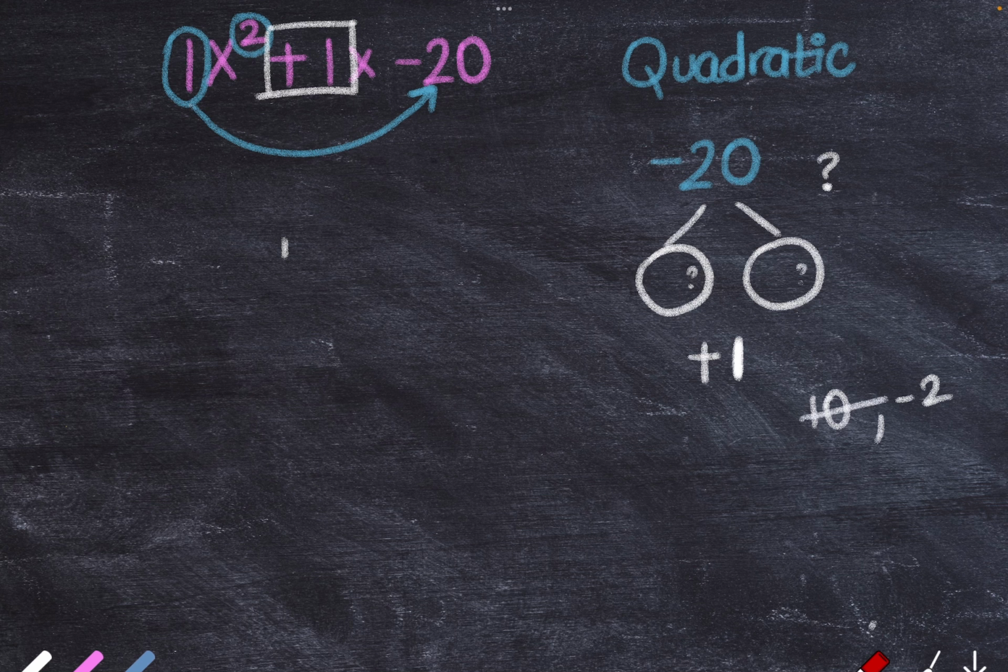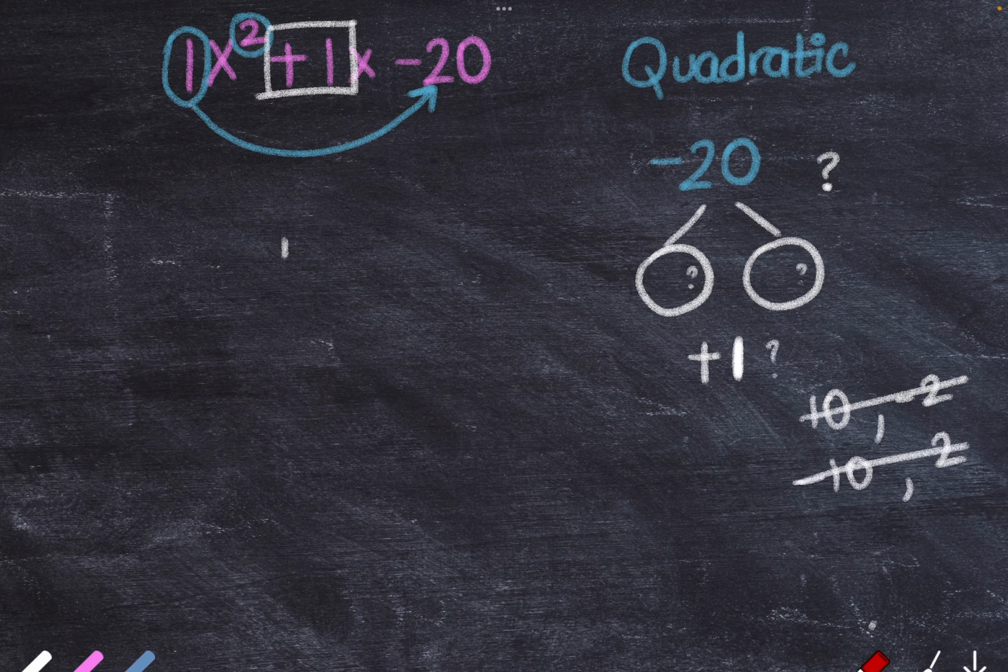No. So these numbers will not work. Let us think about other numbers. I can say negative 10 and 2. Negative 10 times 2 is negative 20, and negative 10 plus 2 is negative 8, which will not work because I'm trying to get a positive 1.